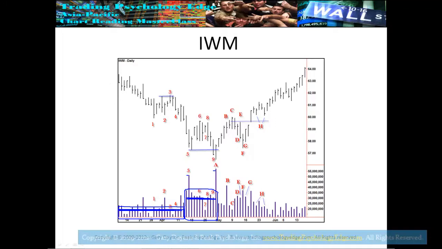Well, we made that kind of movement on all of this volume here. How come we don't go any lower on all of this volume here?